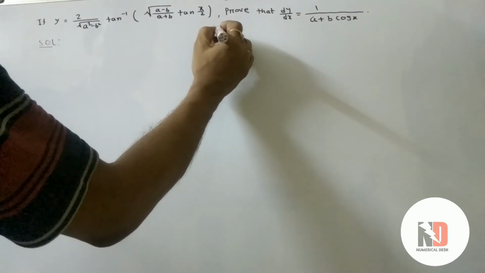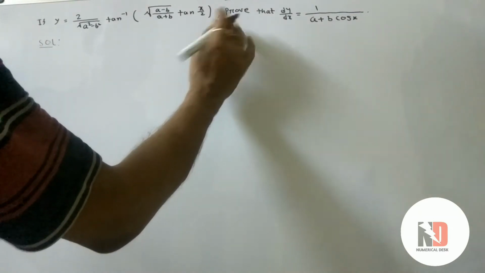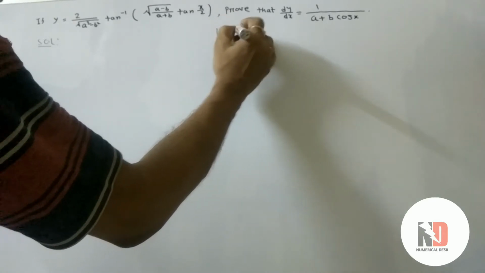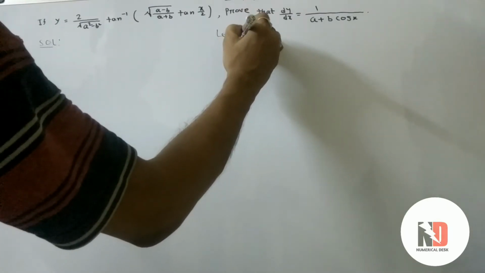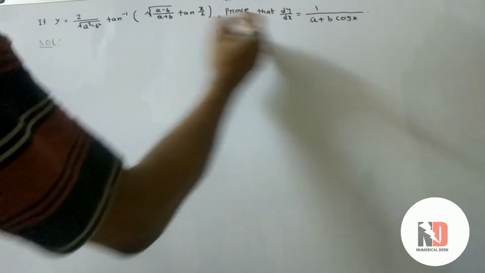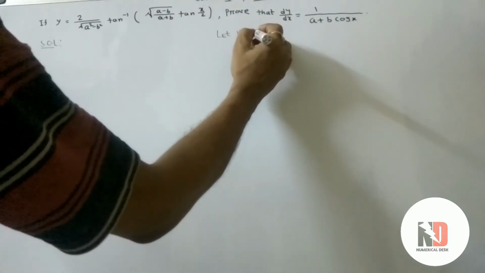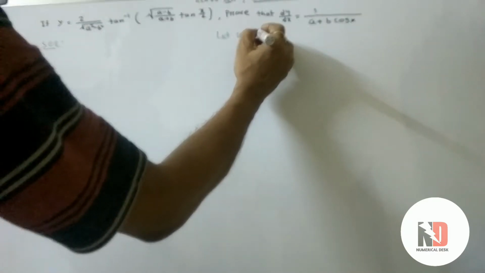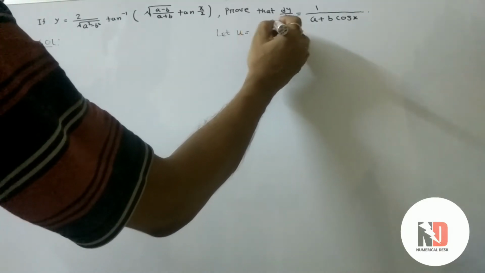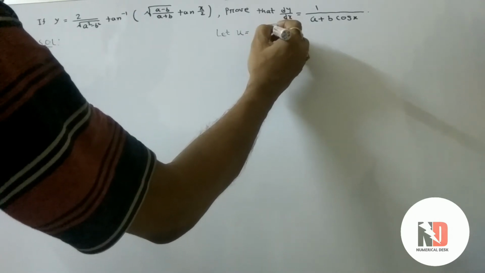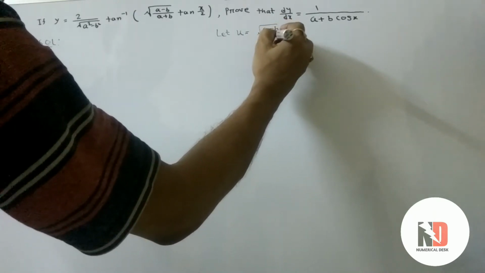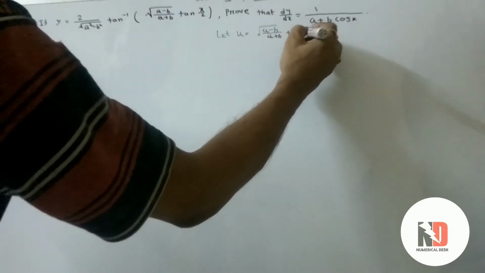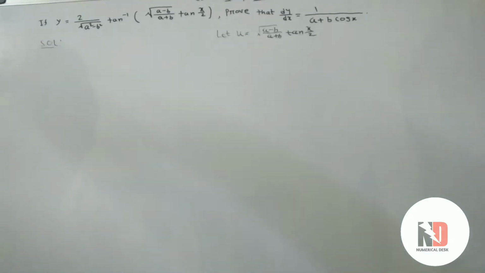And first, let u equal to root over a minus b by a plus b tan x by 2. Because 2 by root a square minus b square is constant, there is no need to assume anything for this. Instead we are assuming root over a minus b by a plus b tan x by 2 equal to u.